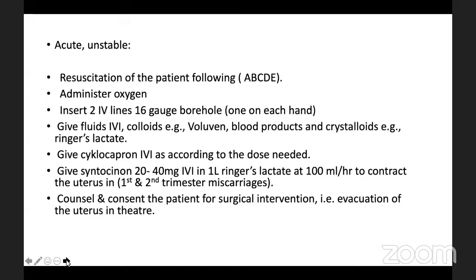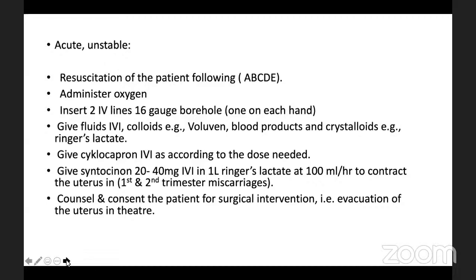For example, the colloids we give are Voluven or Gelfusion while we are waiting for blood products, if it's a patient who is hemodynamically unstable and probably in hemodynamic shock. Then crystalloids, usually we use Ringer's lactate. Normal saline can be used in instances where there is no Ringer's lactate. Then we give cyclopentone IV. We need to start it so that we start reducing the bleeding. And then we also give syntocinon.